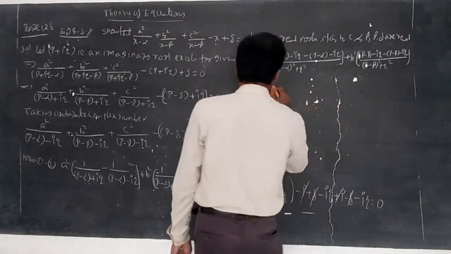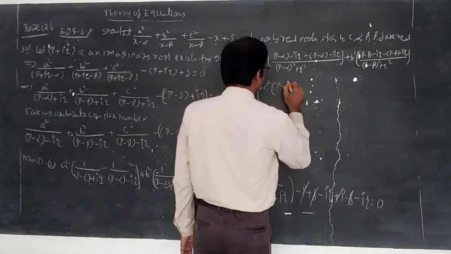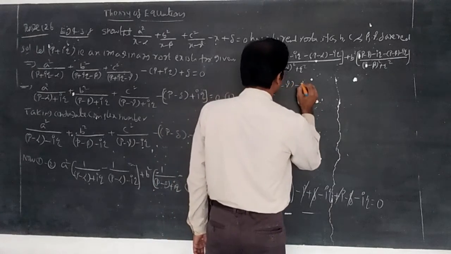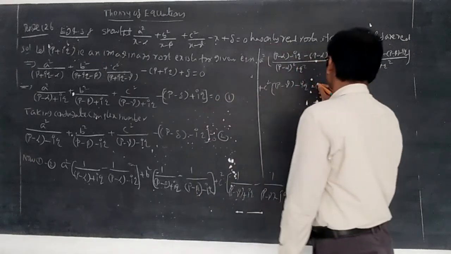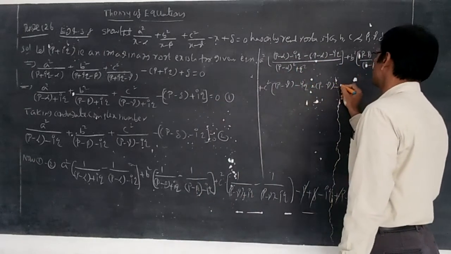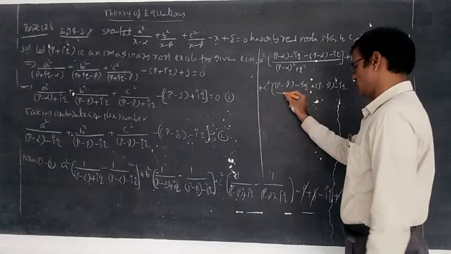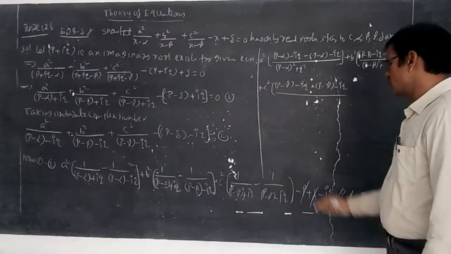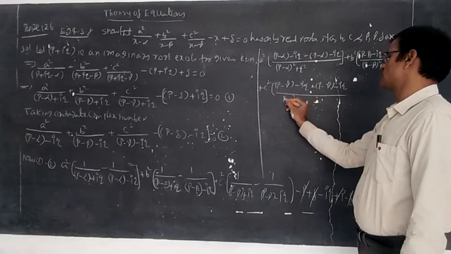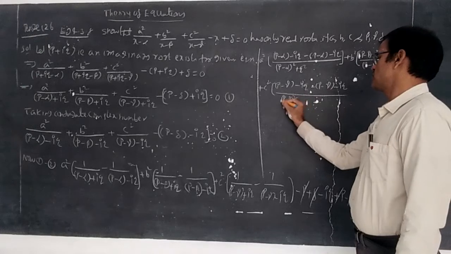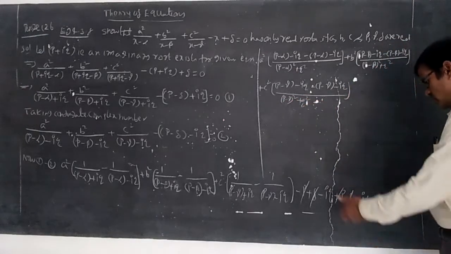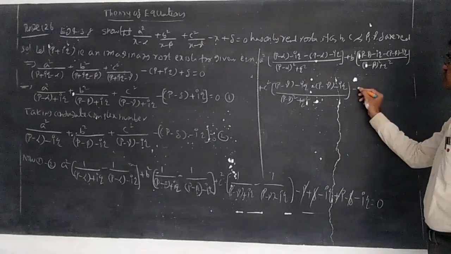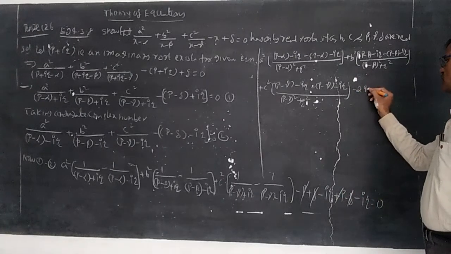Next, plus c square into p minus gamma minus iq minus of p minus gamma plus iq, whole by p minus gamma whole square plus q square, and here we get minus 2iq.